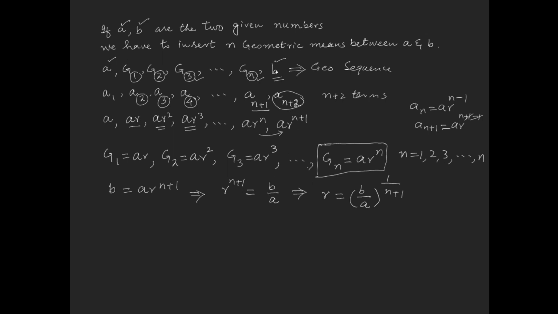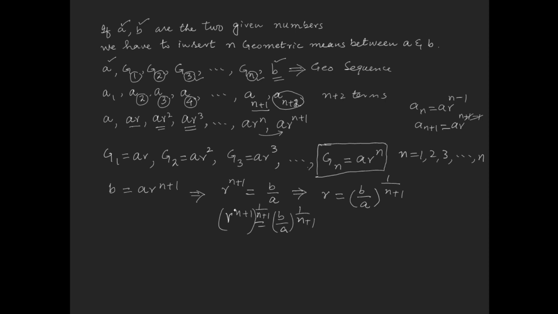Now, what is B? B is the A n plus 2 term, and its value is AR to the power n plus 1. So B is equal to AR to the power n plus 1. So R to the power n plus 1 is equal to B over A, and R is equal to B divided by A in brackets, whole power 1 over n plus 1, because AR to the power n plus 1 is equal to B. Now take the power 1 over n plus 1 on both sides.